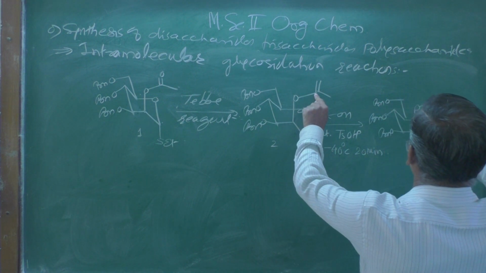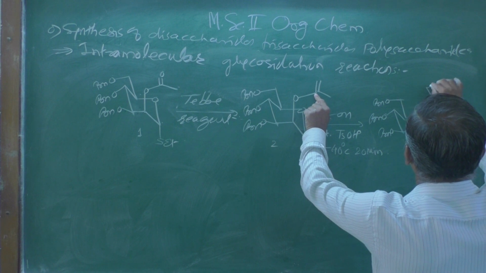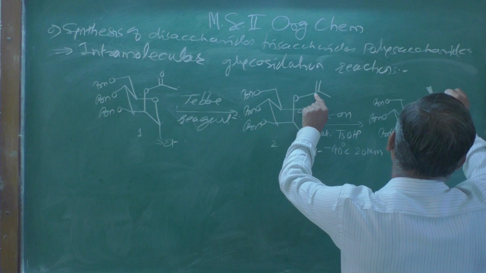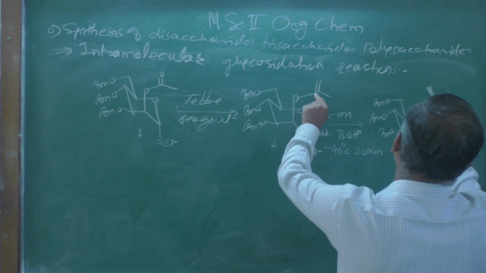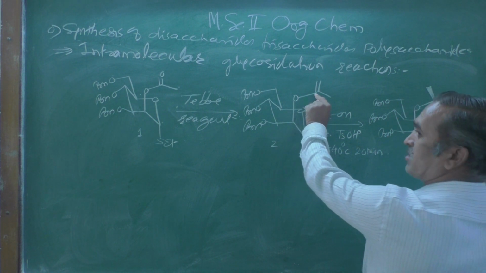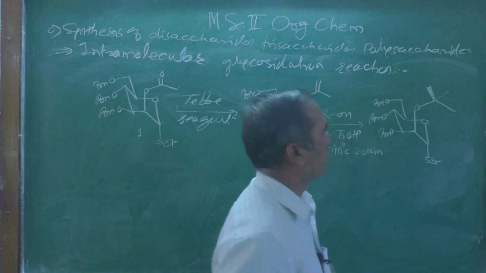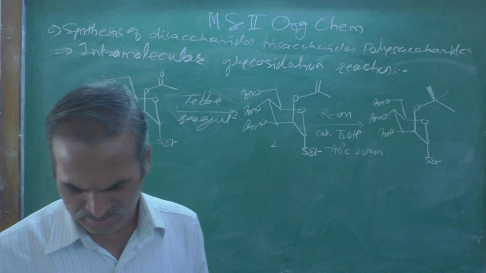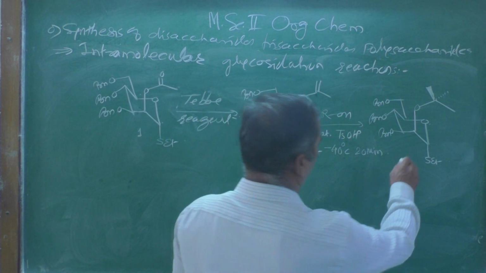Now this olefinic group becomes a methyl group, one above the plane and one below the plane, and the oxygen remains in the plane. That is represented in this manner, and this will be structure number 3.